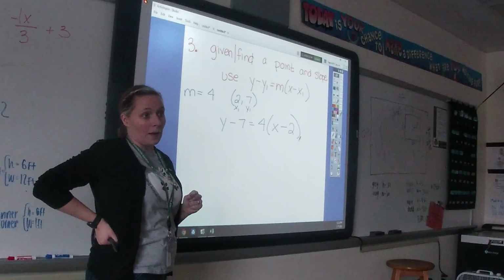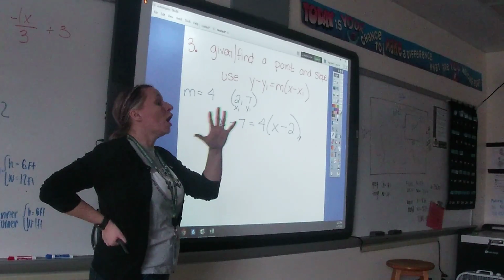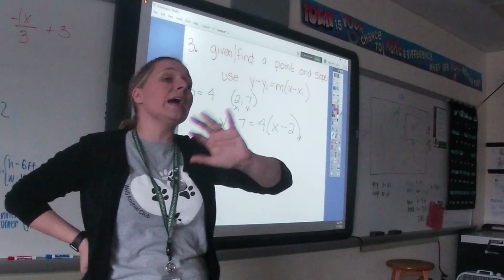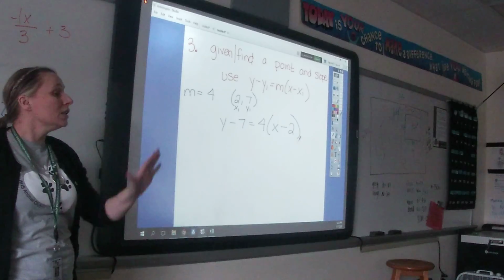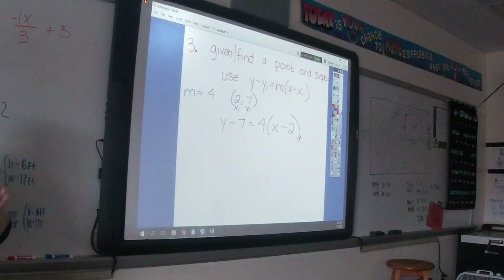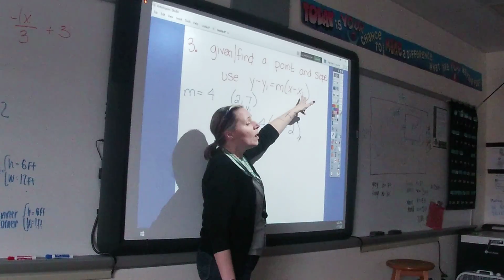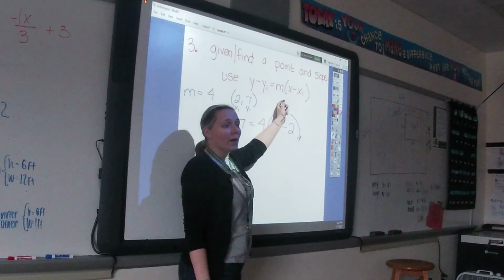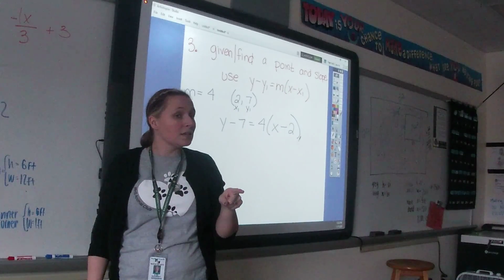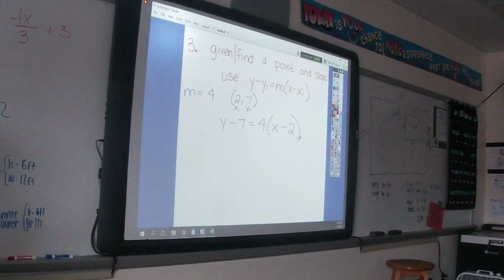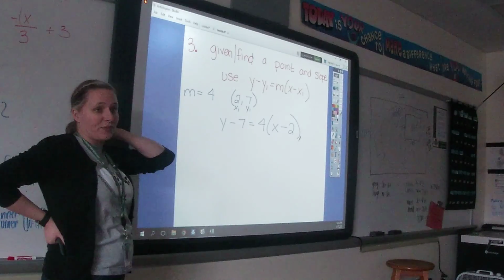At least 2. There are more than 2. They're infinite. So all of us in here could be looking at the same line, yet all of us could be picking a different point. And so if we all plug in a different point, all of our equations are going to look different, but be the same. They'll be equivalent. And so if we really want to see if they are the same equation, we are going to have to solve this for y.